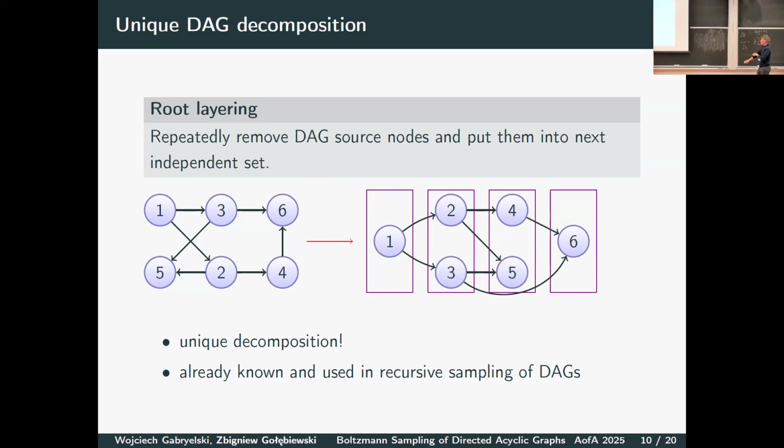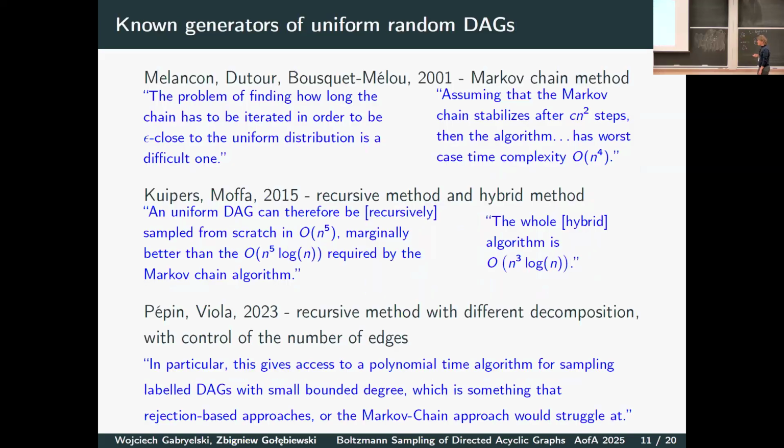When we came up with this decomposition, we thought it's too natural and too easy to be a new thing, and obviously it has been known for many years. In fact, it was already used in recursive samplers of directed acyclic graphs, because you can find the formulas that say exactly how this decomposition works. So this is maybe a good moment to say something about previous works.